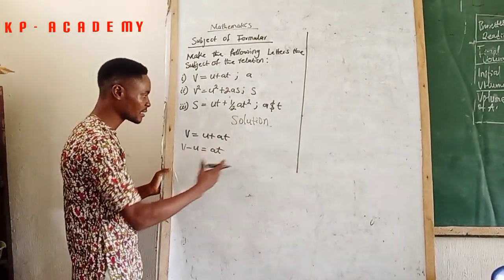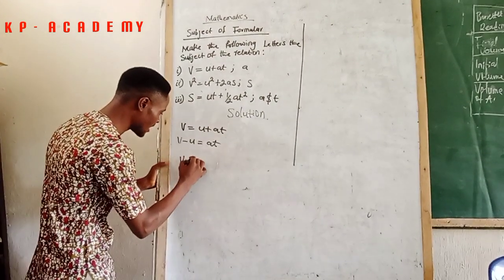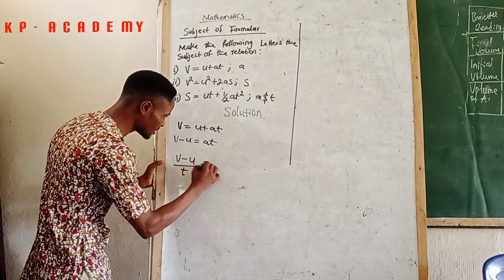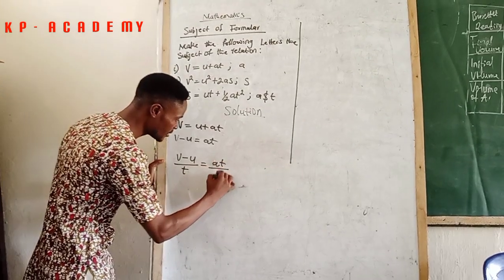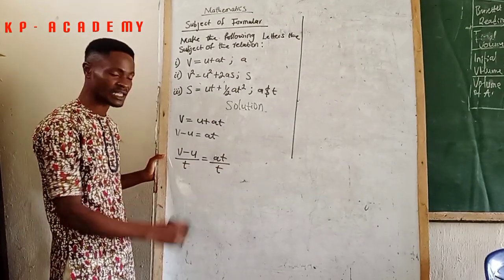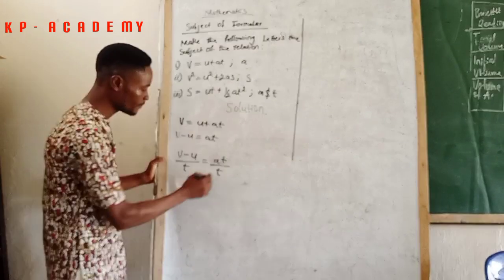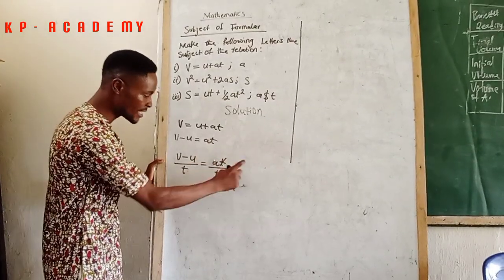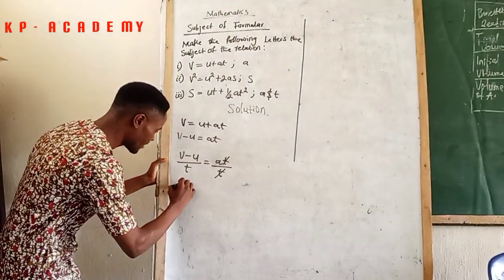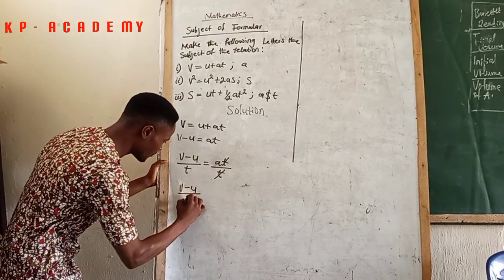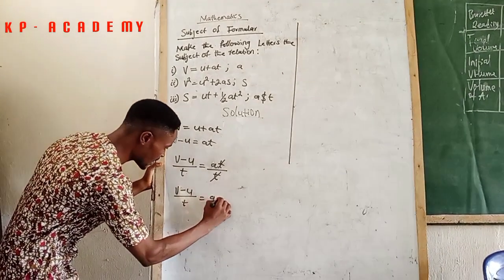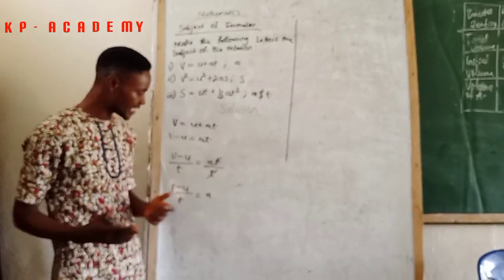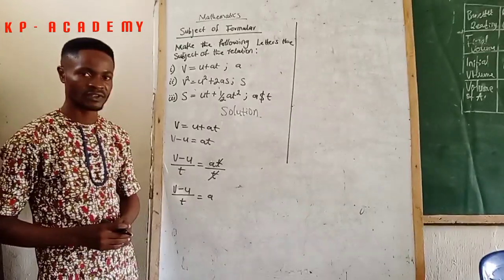So dividing both sides by T, I will have V minus U all over T is equal to AT all over T. In this case, T will cancel T off, and only A will be standing. So finally, V minus U all over T is equal to A. Now I've ended up making A the subject of the formula.